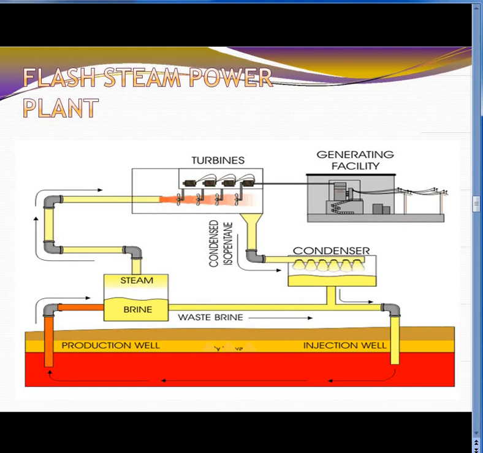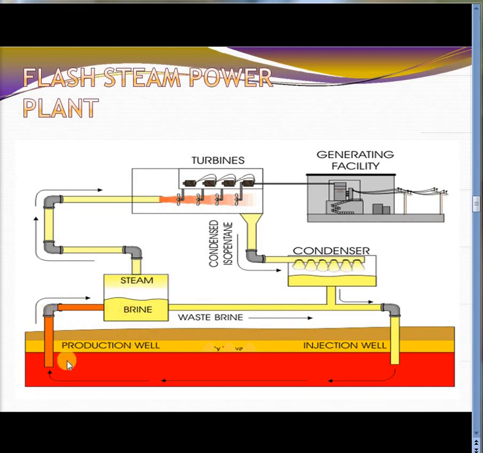Flash steam is the most commonly used nowadays. It requires a temperature of at least 180 degrees Celsius or more. What happens in a flash steam power plant is that water is pumped under great pressure from underground, and when it reaches the surface of the earth, the pressure is reduced, causing some of the fluid to rapidly vaporize, or flash.